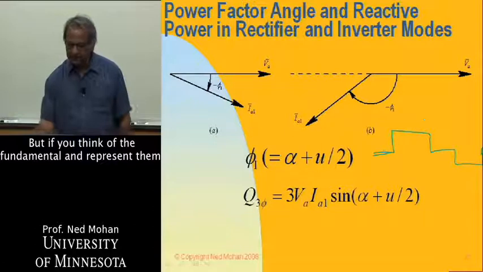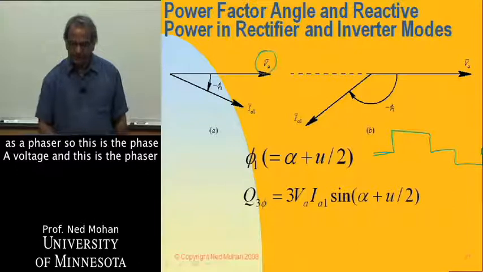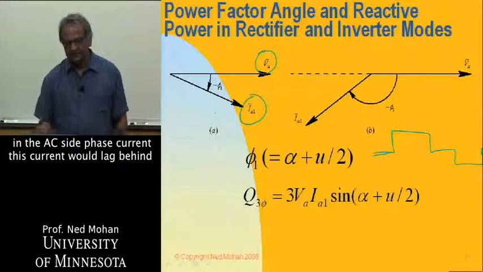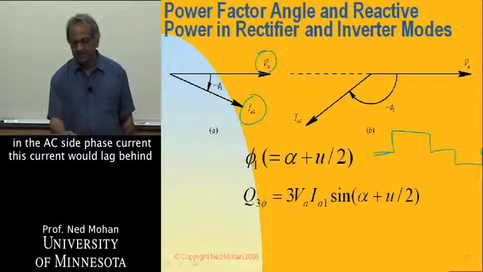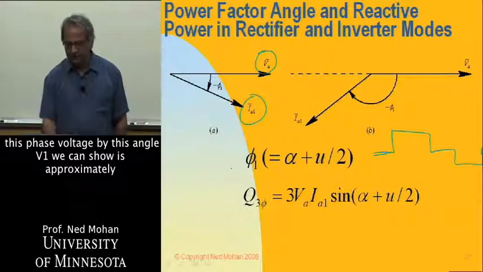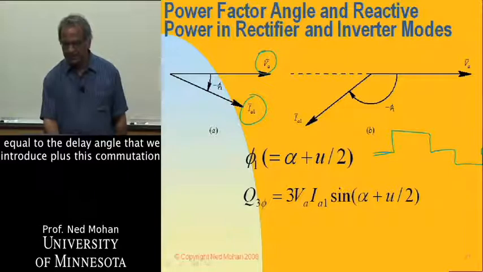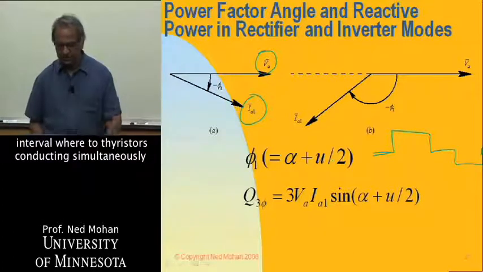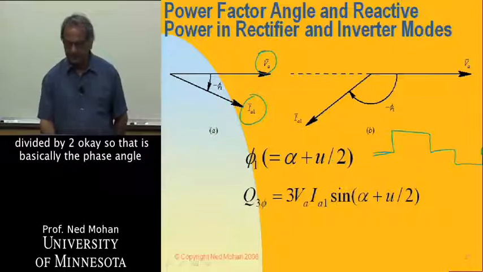But if you think of their fundamental and represent them as a phasor, so this is the phase A voltage, and this is the phasor which is representing the fundamental frequency component in the AC side phase currents. This current would lag behind this phase voltage by this angle phi1, where phi1 we can show is approximately equal to the delay angle that we introduce plus this commutation interval where two thyristors conduct simultaneously, divided by 2.